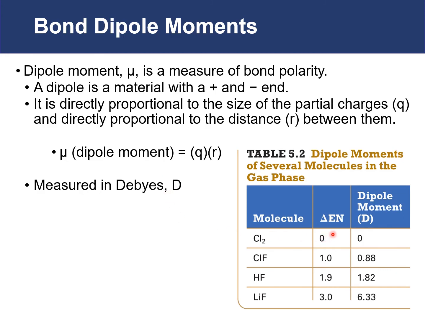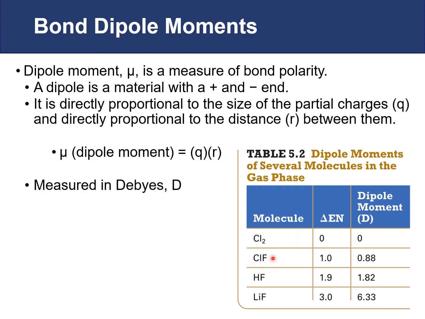So if we have a difference of electronegativity between two atoms of 0, then our dipole moment would be 0. The electron does not spend more time around one than the other. An example of this would be chlorine, Cl2, because both atoms are the same, neither one has a larger electronegativity than the other. We could look at ClF.